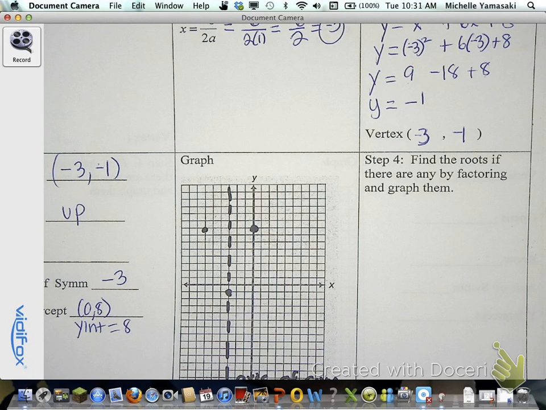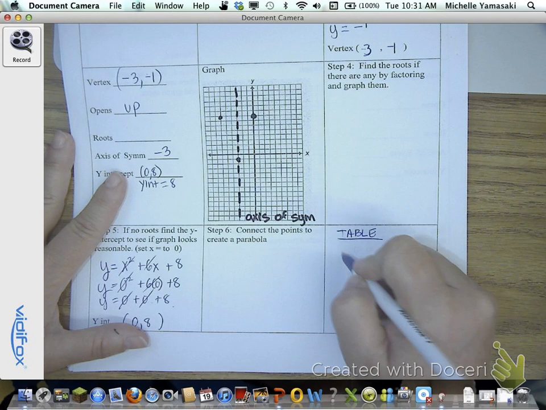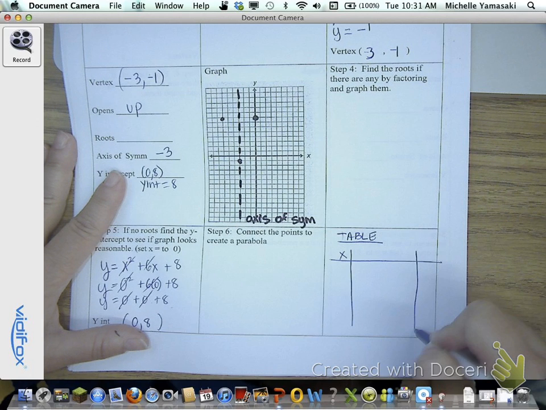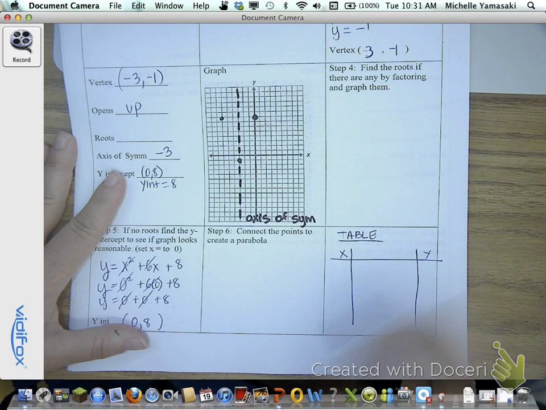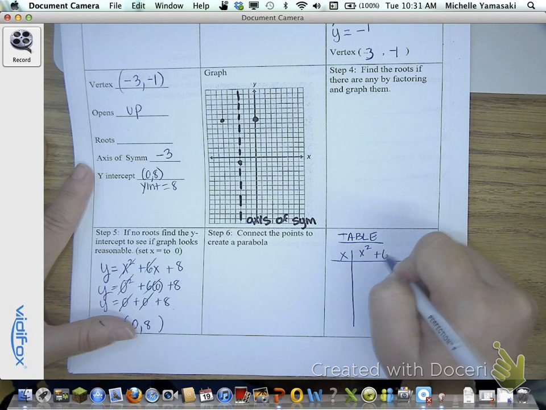So let's say this is used for table. Okay? And I'm going to set myself up an XY table. And you can either do this or you can find the roots to find another point or 2. So let's say the equation was x squared plus 6x plus 8 is equal to my y.